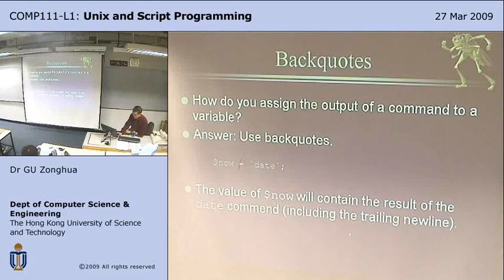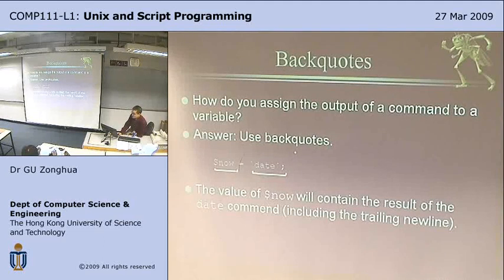Back quotes: how do you assign the output of a command to a variable? Backquote means invoke the shell command and assign the output to the variable now. It will contain the result of the date command, including the trailing newline, because you didn't do a chomp.